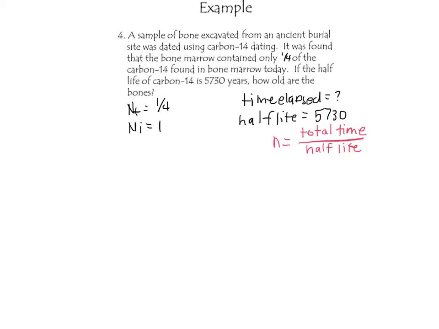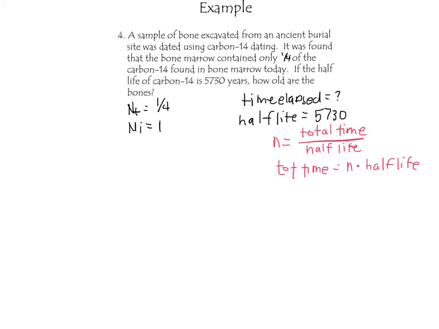We're looking for the total time, so I'm going to rearrange this. The total time is equal to n times the half-life. But we can't solve for n yet. We have to figure out n using the other equation that deals with the initial and the final.